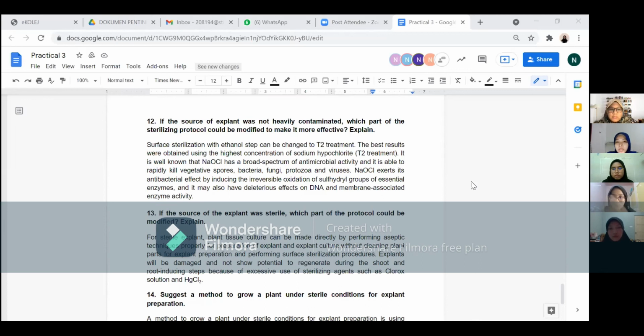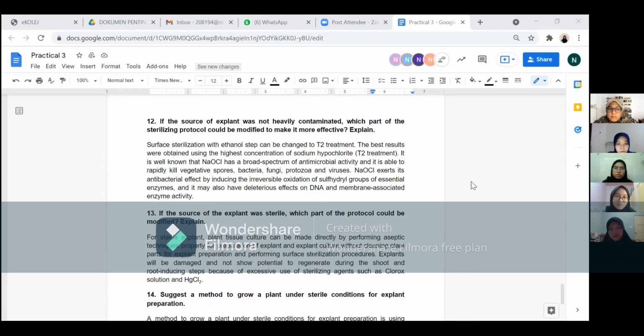It is well known that sodium hypochlorite has a broad spectrum of antimicrobial activity, and it is able to rapidly kill vegetative spores, bacteria, fungi, protozoa, and viruses.